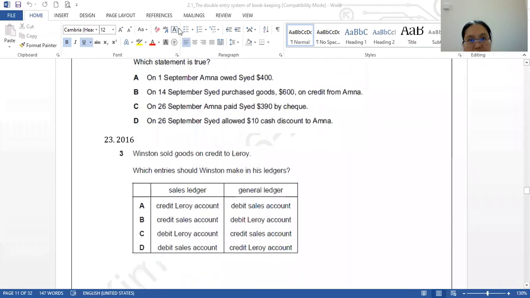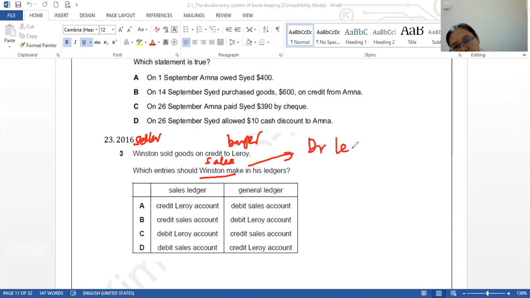Okay, 23. Winston sold goods on credit to Leroy. Which entry should Winston make in his ledger? This is a seller. This is a buyer. So standing from Winston's point of view, this is a sale. So your double entry for the sales will be debit Leroy, because Leroy received, and credit sales.